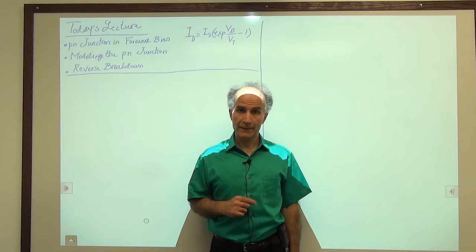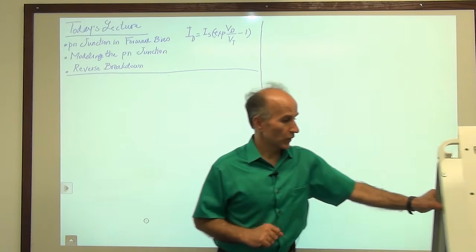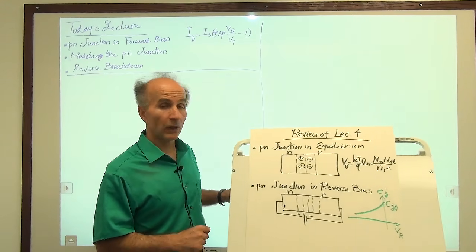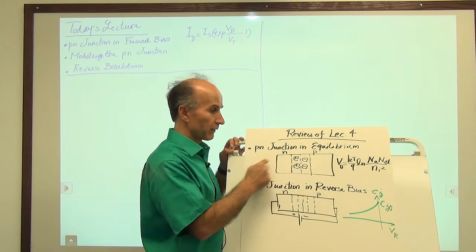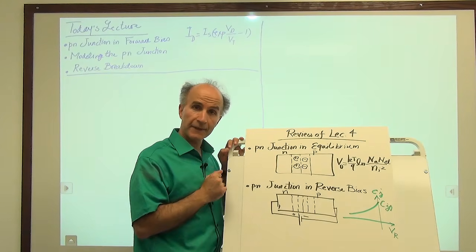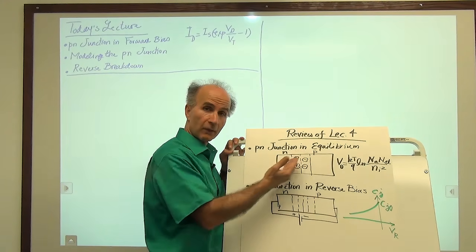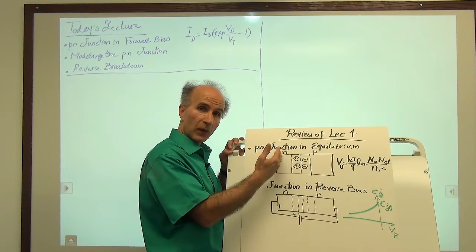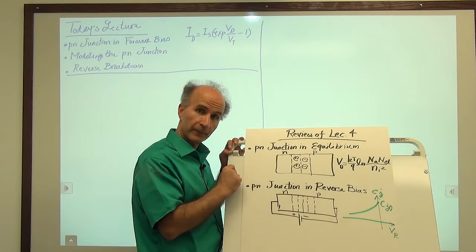Now, before we go there, let's take a brief look at what we covered last time. We saw that a Pn junction in equilibrium means that we have not connected the terminals anywhere else, and as a result of the difference in the concentrations of electrons and holes, we will have some current flowing in the form of diffusion initially.